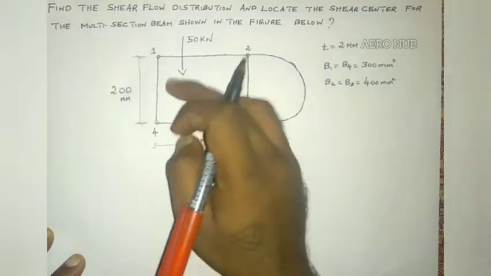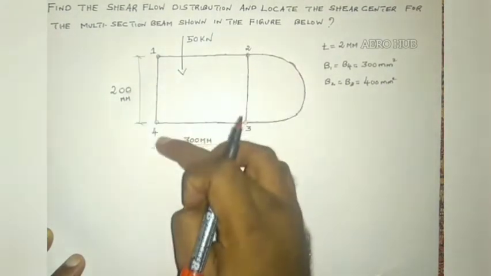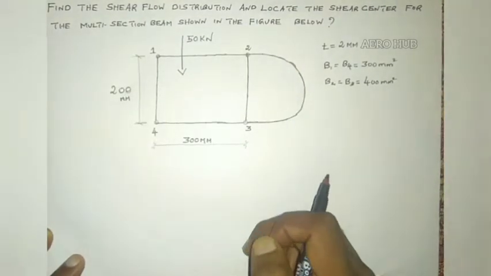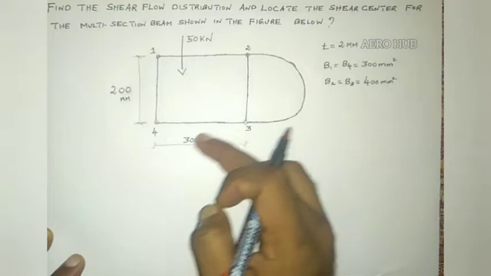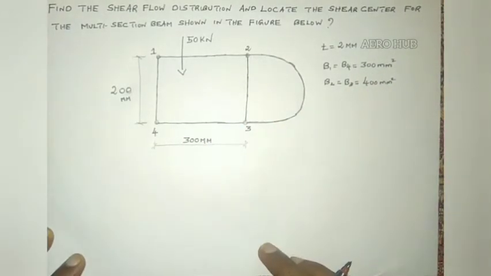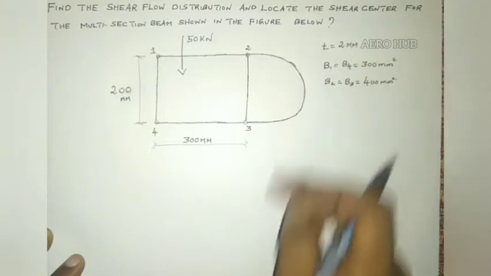You can see at points 1, 2, 3 and 4 we have boom areas B1, B2, B3 and B4. B1 and B4 are equal to 300 millimeter square and B2 and B3 are equal to 400 millimeter square, and we have a constant thickness throughout the beam of 2 millimeter.